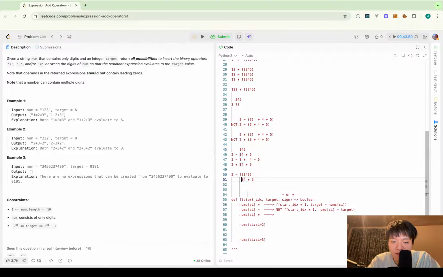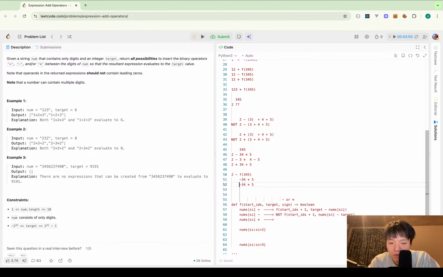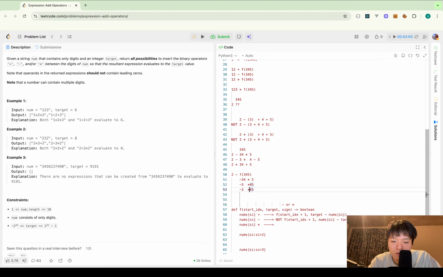In this case, this negative should be used only here. 3, 4, 34. Or it can be like this. In this case, negative is used for only the first 3. In this case, this negative is used for only the first one.